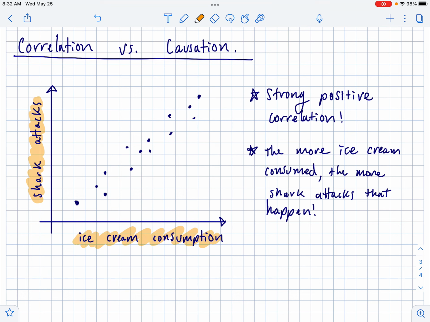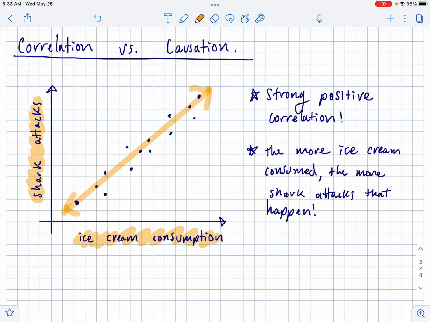So it has a fairly high positive correlation, which means as ice cream consumption increases, shark attack numbers also increase.